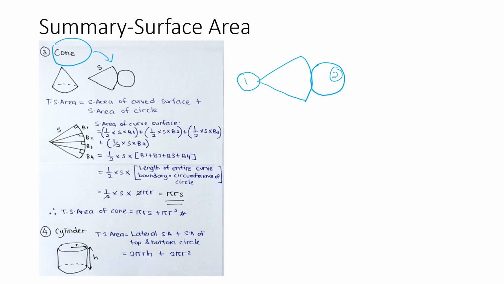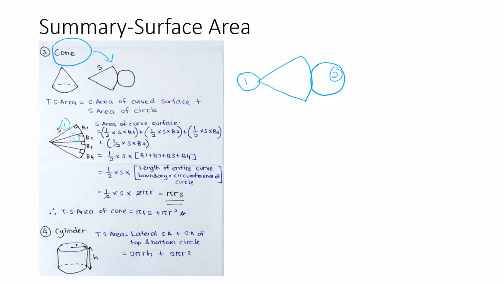Okay, first of all, let's find the surface area of this slanted cone surface, I mean the curved surface. Okay, you can see over here, what I did is I actually separated each of these partitions into simple smaller partitions. Each of these partitions is actually representing one right angle triangle.